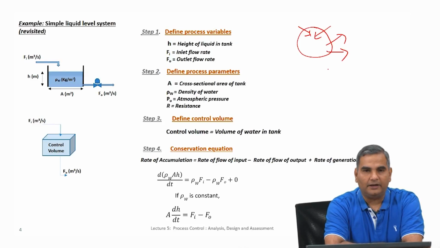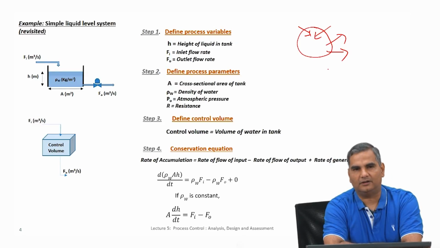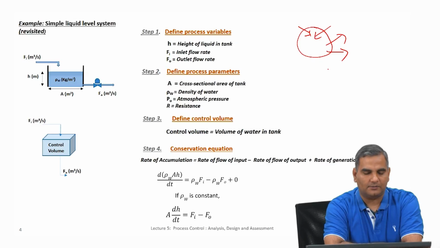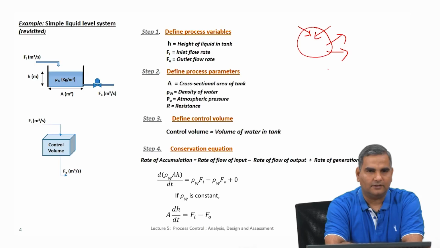So, I might not be able to come up with an equation to describe Fi, because Fi has to be given as a value to my model, because it is exogenous to the model, it is outside the battery limits of the model. If that is the case, then we will be looking for 2 equations, for h and F0, and we will hope that Fi comes from some other place to be able to solve this model.